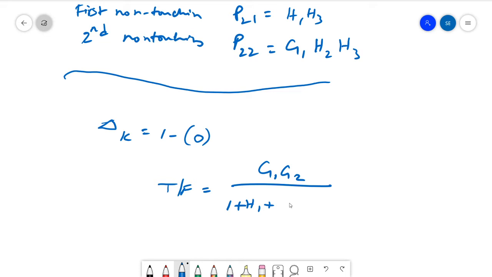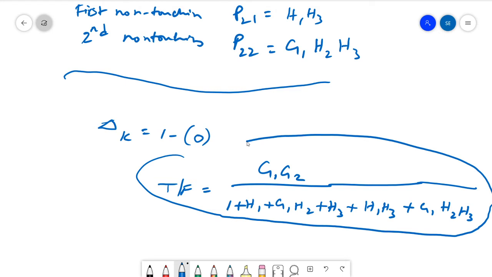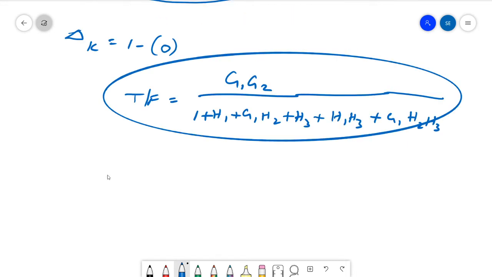And the two non-touching loops we write here now: H1 H3 plus G1 H2 H3. So this is how we get the transfer function using Mason's gain formula. This is the transfer function. We'll solve another problem with more forward paths, then it will be clearer for you.